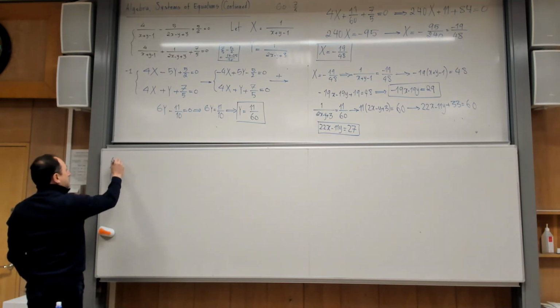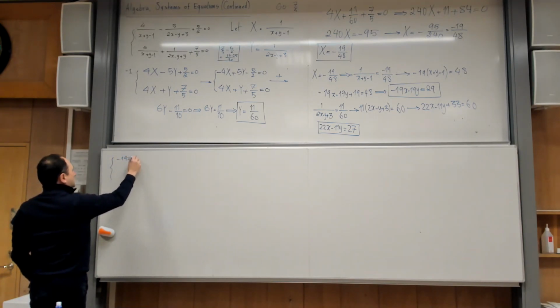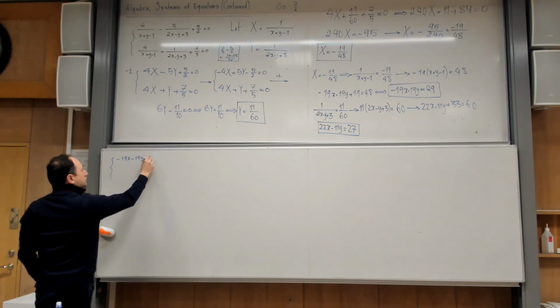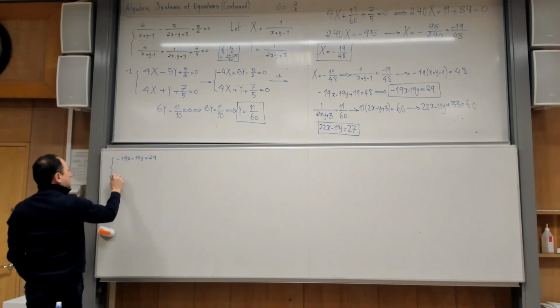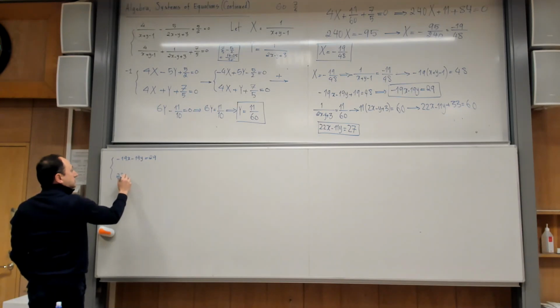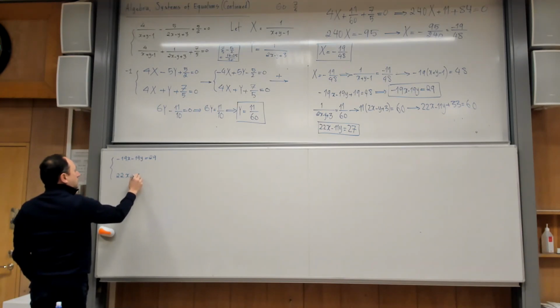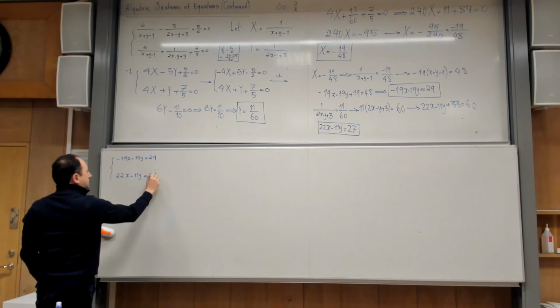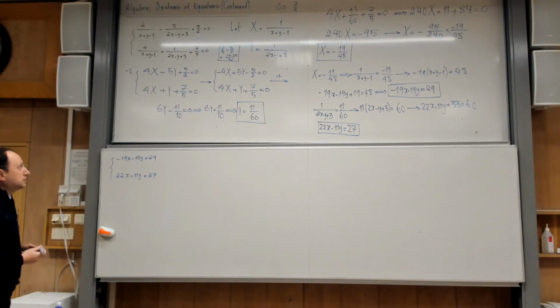So the first one is 19x minus 19y equals to 29. And the other one is 22x minus 11y equals to 27. I hope that I haven't made mistakes, but let us see how it goes.